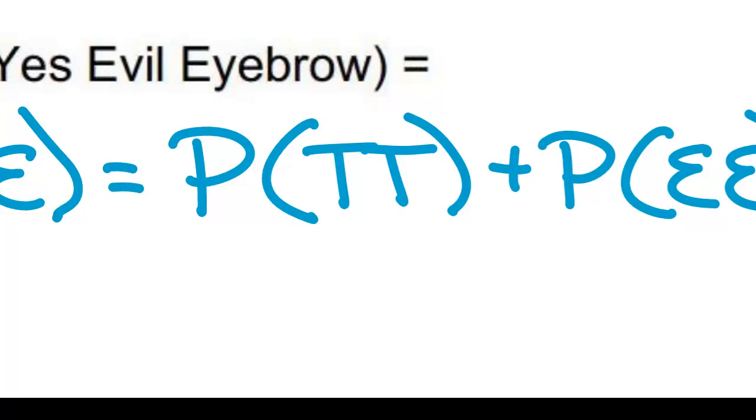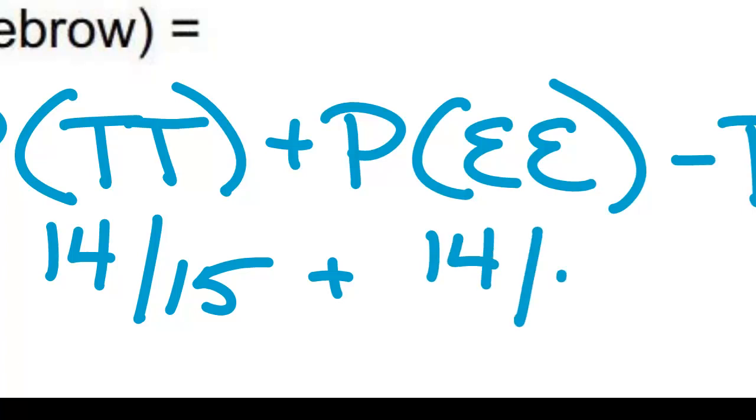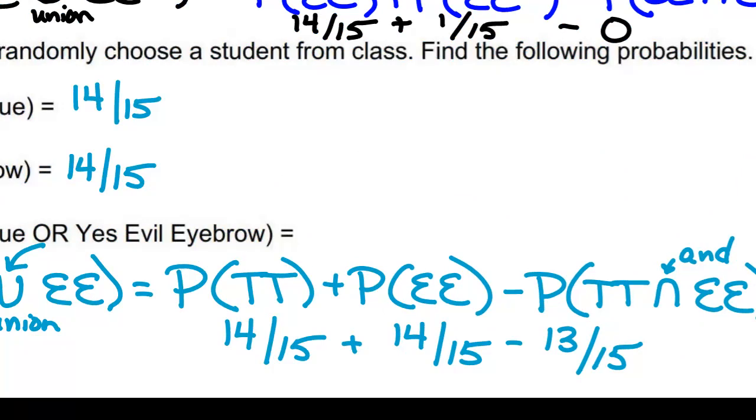Our probability of taco tongue, you told me, was 14 out of 15. Plus evil eyebrow would be another 14 out of 15. Minus what? 13 out of 15. So 14 plus 14, I get 28 minus 13. What's 28 minus 13?